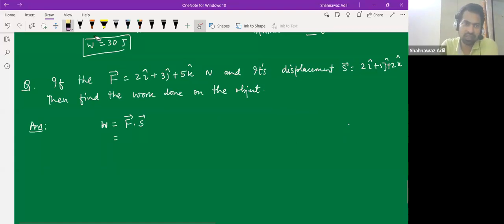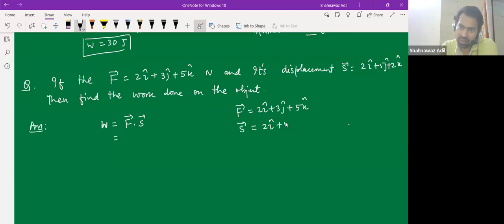So we have two vectors. We have one vector which is 2i plus 3j plus 5k. And then we have this S vector which is 2i plus 5j plus 2k. So now we have to take the dot product. In dot product, we already know that A dot B is AX BX plus AY BY plus AZ BZ.